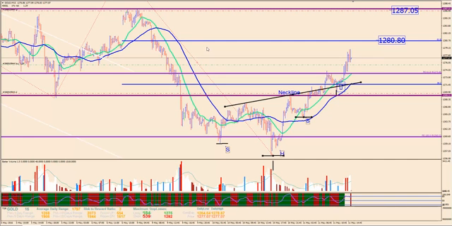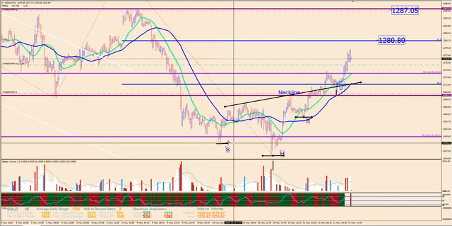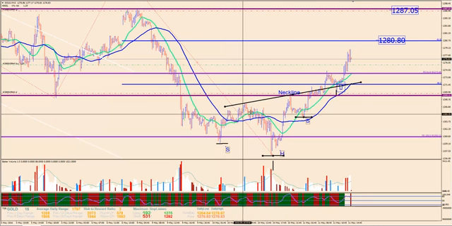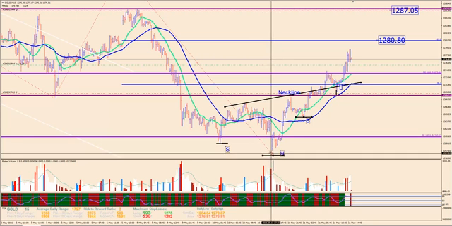In this example, I found the inverted head and shoulders formation. This is a 15 minutes time frame, so again this is more for day trading, or very short-term trading. As you can see, we got the left shoulder here, this swing low, and price went here. We got a very high volume on this head.